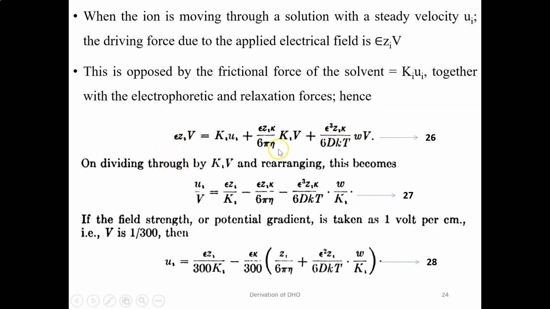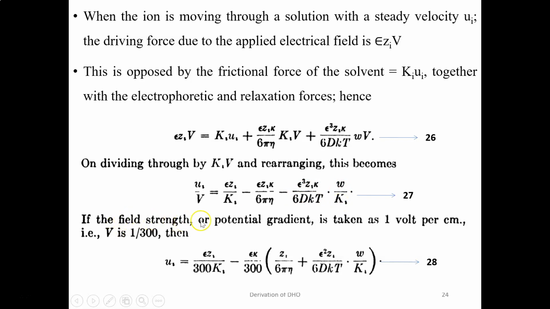Now we are going to divide that whole equation by Ki v. Rearranging, you will get ui by v is equal to epsilon Zi divided by Ki minus epsilon Zi kappa divided by 6 pi eta minus epsilon cube Zi kappa divided by 6 dkt multiplied by omega by Ki.